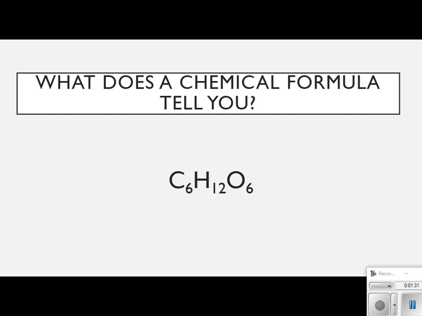Now, what does this chemical formula tell you? Can anybody answer that question? Tell me something that this chemical formula tells you. Gage, what do you think?